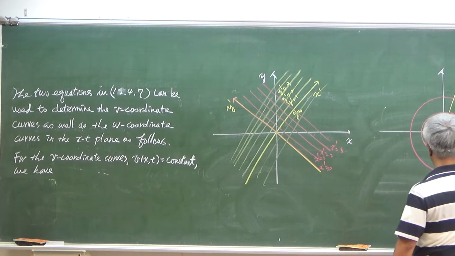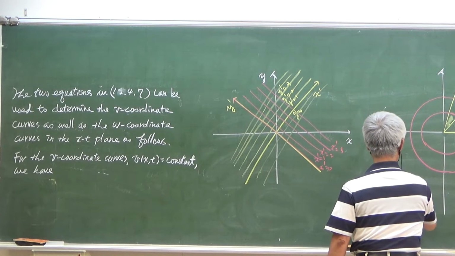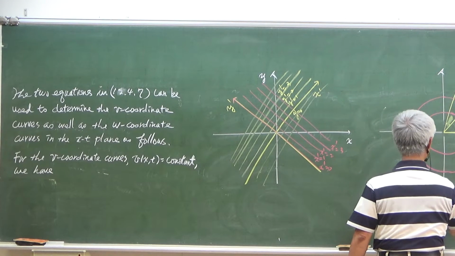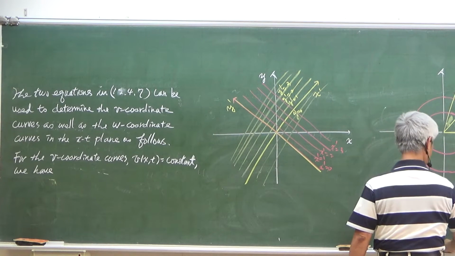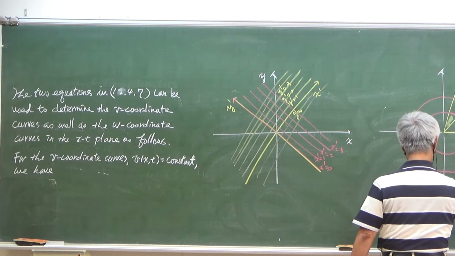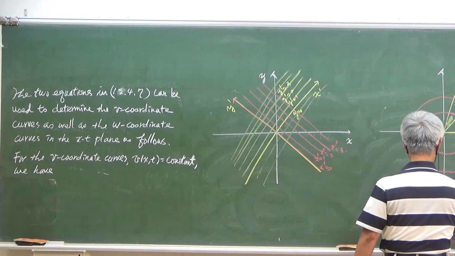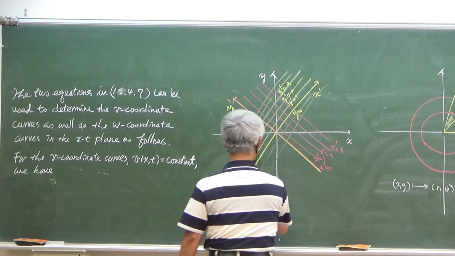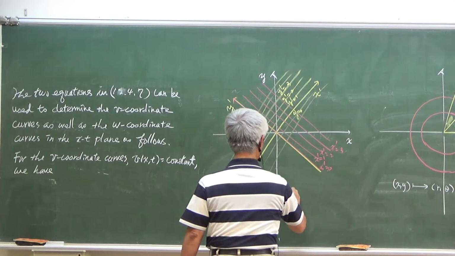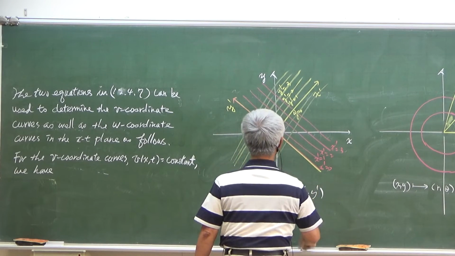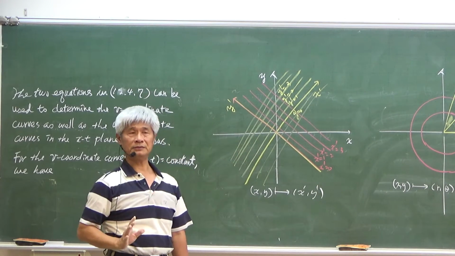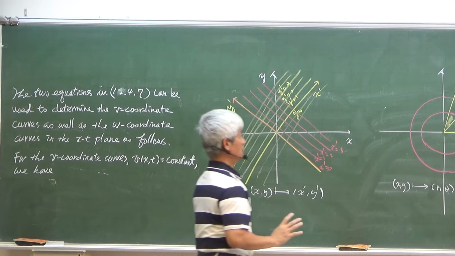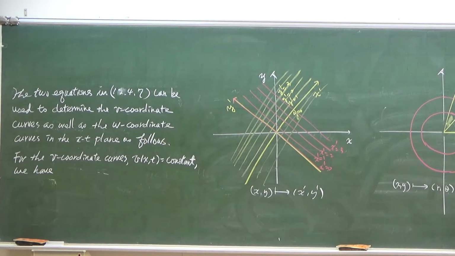So this one is xy going to r theta, and this one is xy going to x prime, y prime by using the orthogonal transformation. I just illustrate that they are called coordinate curves.